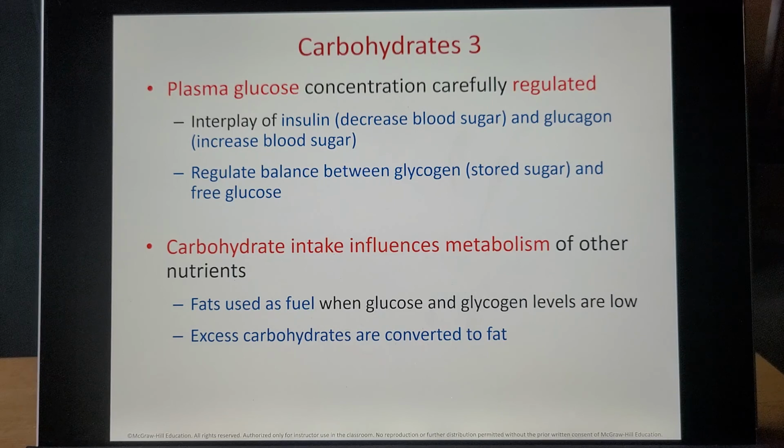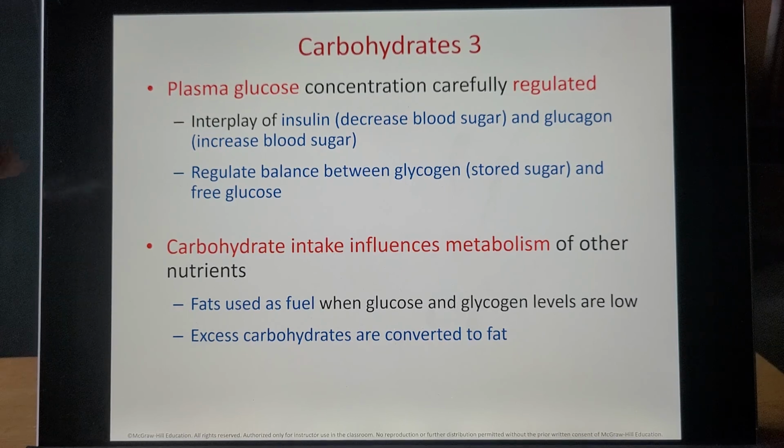With our blood glucose level, part of that is regulated by insulin. Of course, you probably all know someone who has diabetes and has to use insulin as a regulator, because they're either deficient in making it or they become less responsive to it. So insulin is going to decrease the blood sugar because you have eaten something. It says, hey, get this blood sugar into the cells so that we can decrease our blood sugar levels.